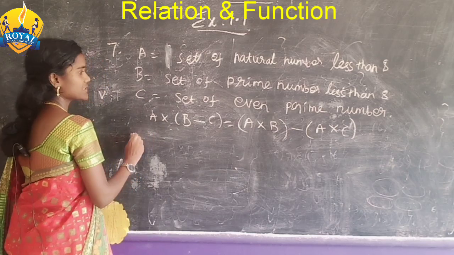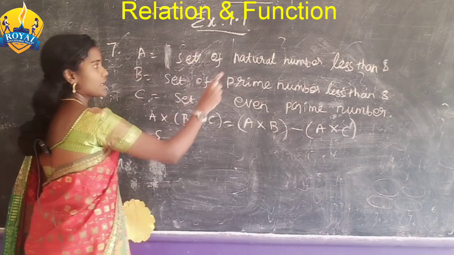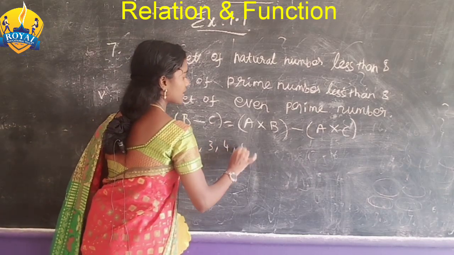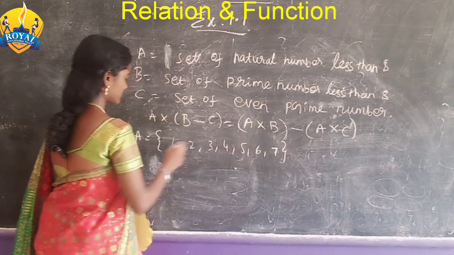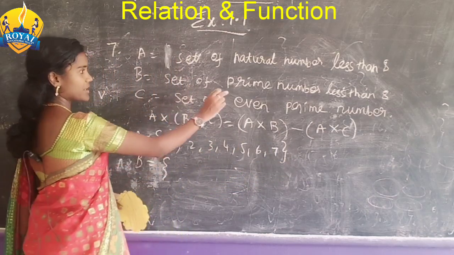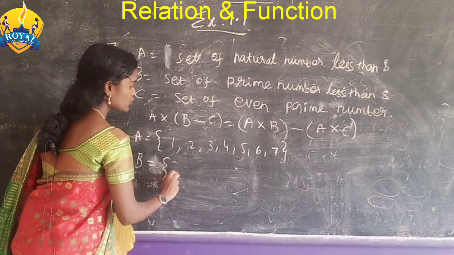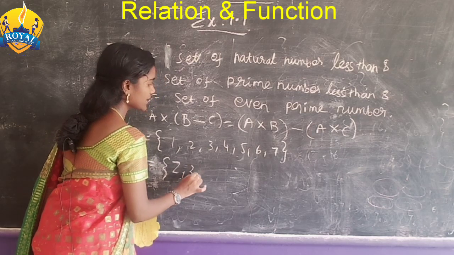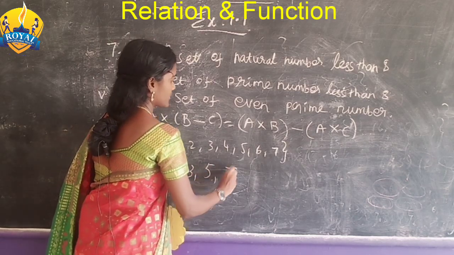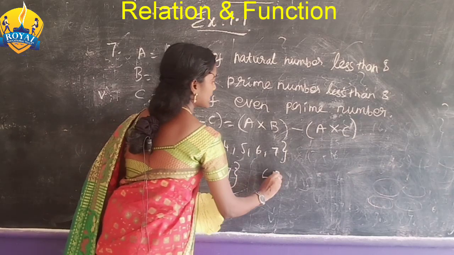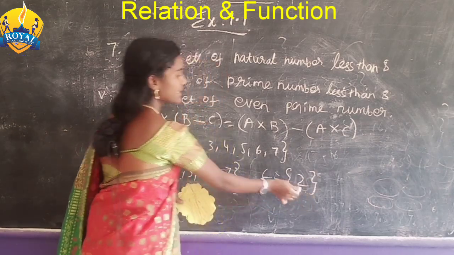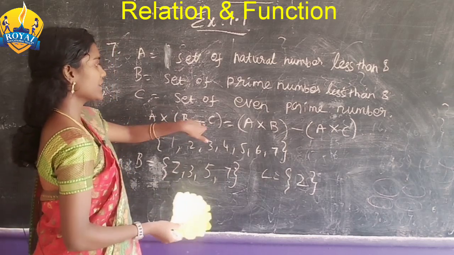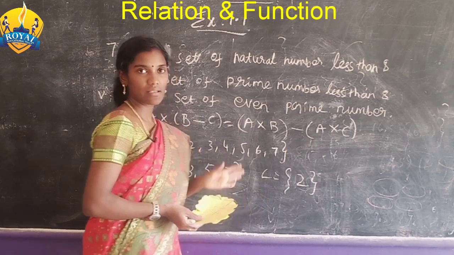So first, A is equal to all natural numbers less than 8. Natural numbers start from 1, 2, 3, 4, 5, 6, 7. B is the prime numbers less than 8, that is 2, 3, 5, 7. C, the even prime number, is only 1, that is 2. I solve the condition A cross (B minus C) and (A cross B) minus (A cross C).